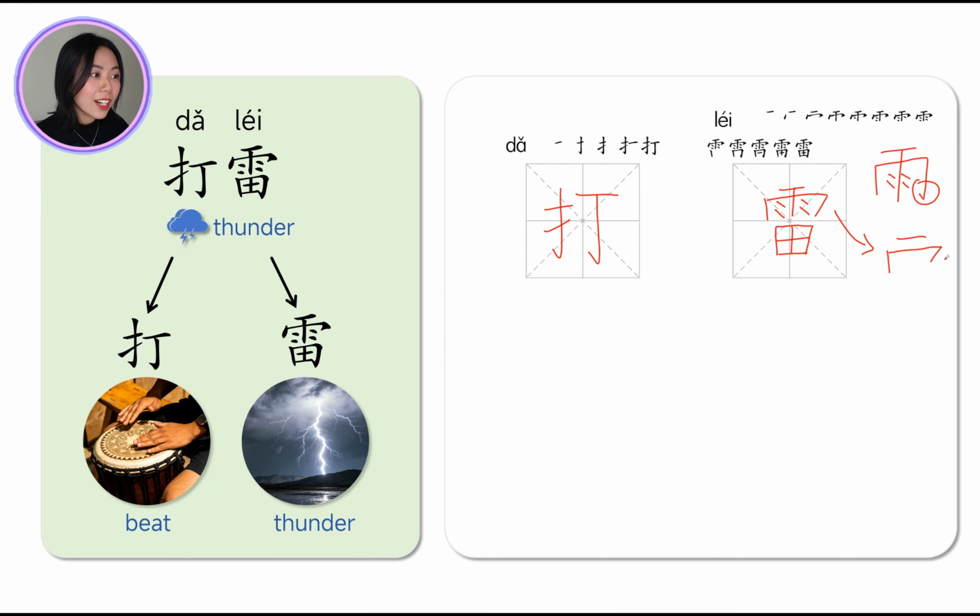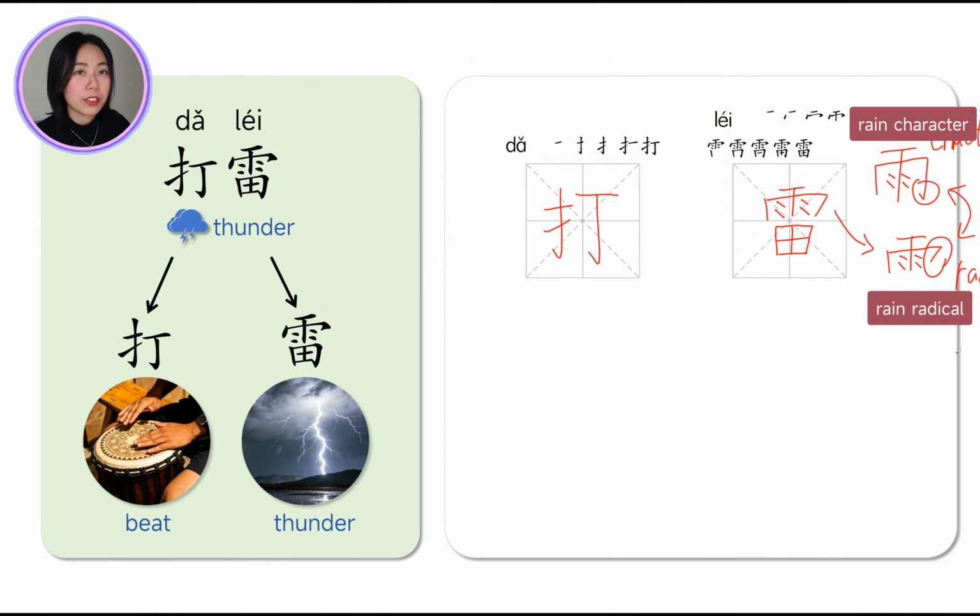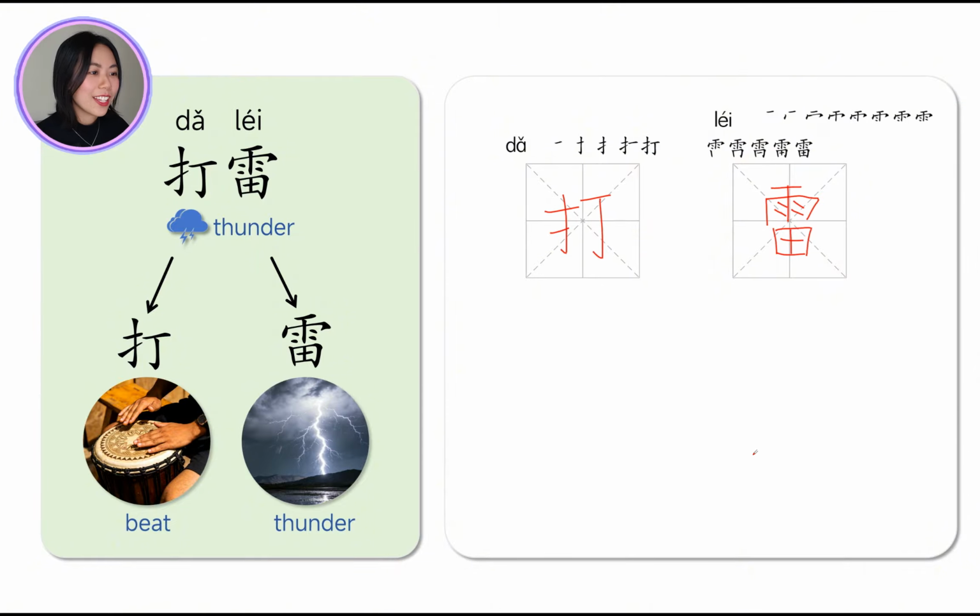So here, the hook is here. The difference is that when it serves as a character, it's very complete. But when the character turns into a radical, because the radical is smaller, it has to give up some strokes and become a simpler version of the original character. Okay, now let's try the sentence.